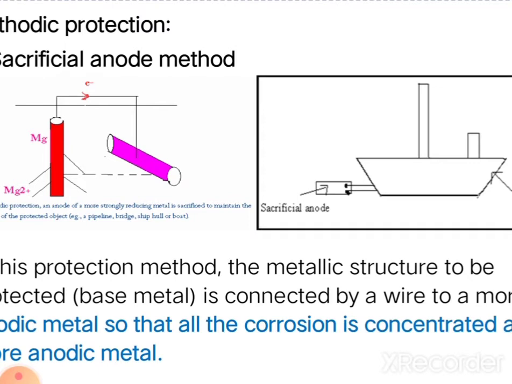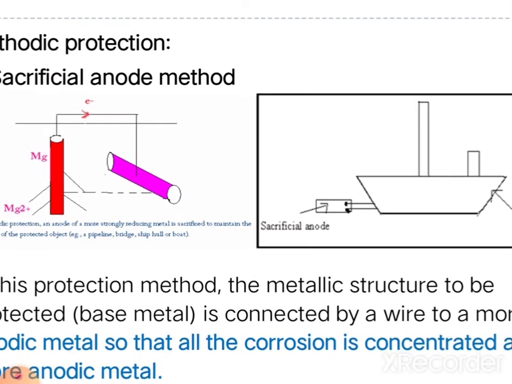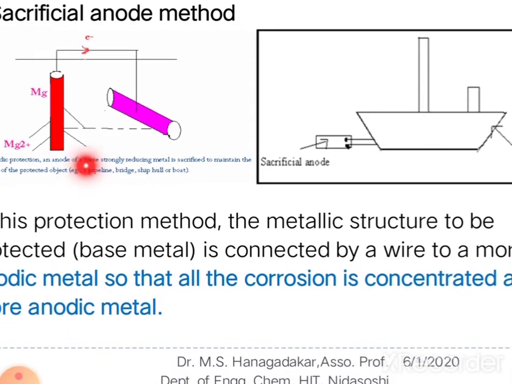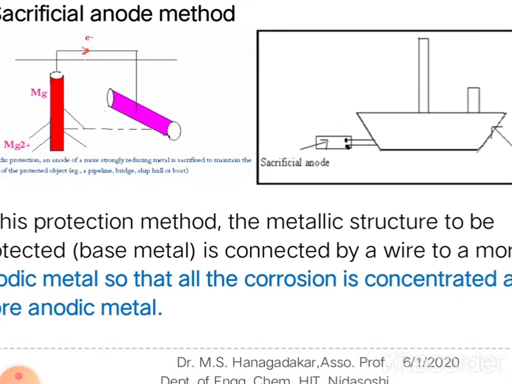In the sacrificial anodic method, the metallic structure to be protected against corrosion is connected to a more anodic metal using a metallic wire. Here the more active metal undergoes corrosion while the parent structure is protected against corrosion.